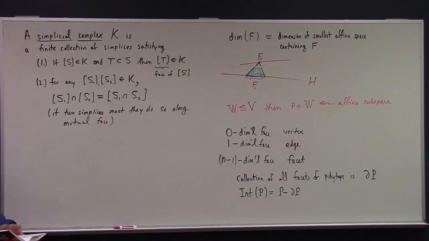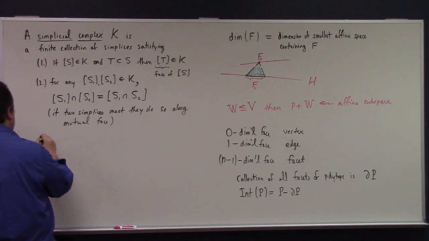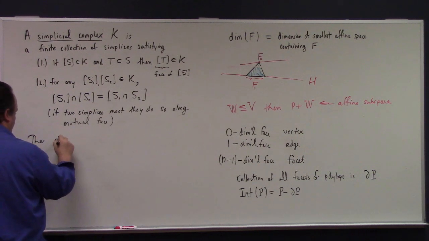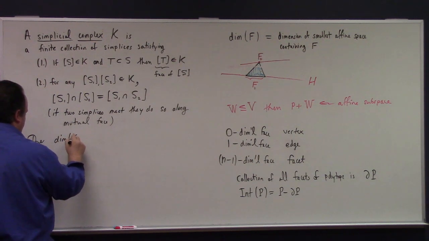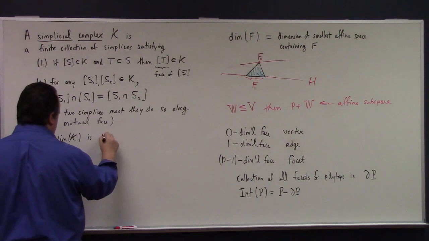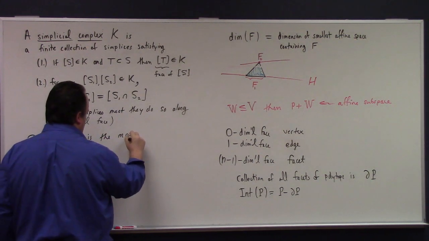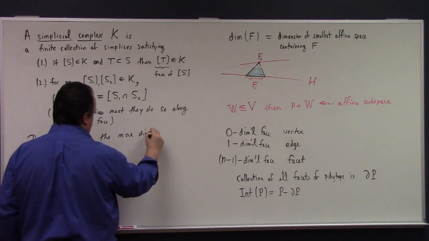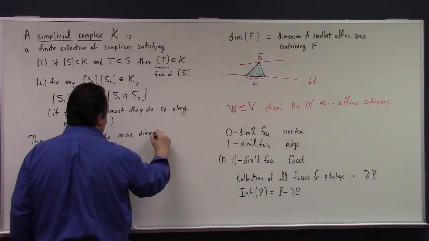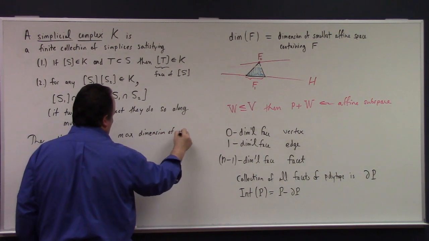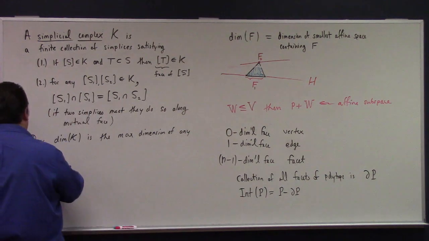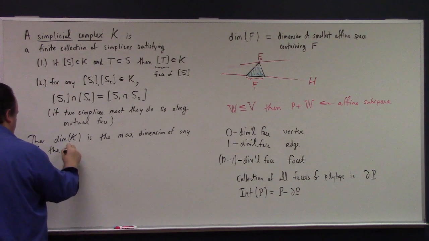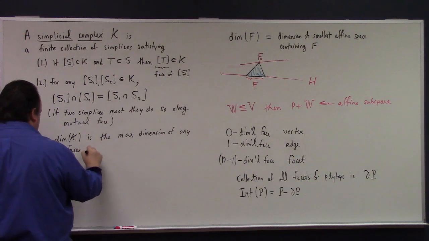The dimension of K is the max dimension of any of the simplices it contains.